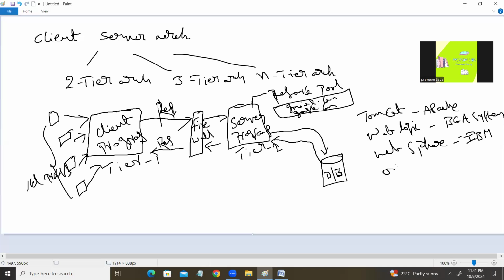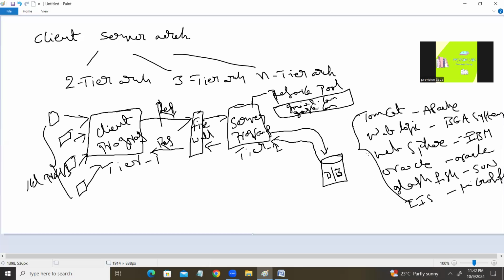Similarly, we have Oracle in the market. This is an Oracle Corporation product. And we have GlassFish. This is a Sun Microsystems product. And similarly, we have IIS. This is a Microsoft product. So these are the server side programs available in the market.